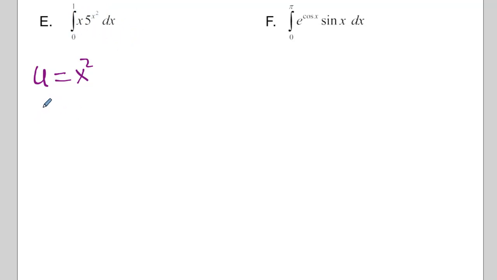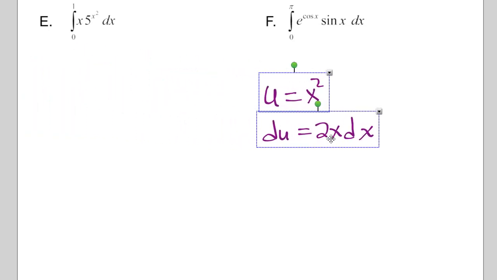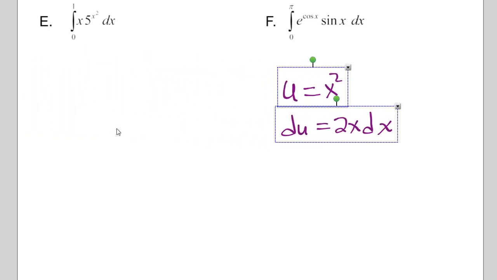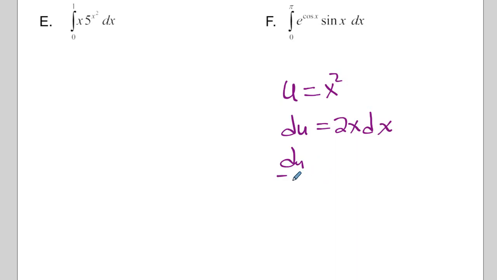So we get du is equal to 2x dx. All right, and so what we have is x dx. So I need to solve for that. We can say du over 2 is equal to x dx.